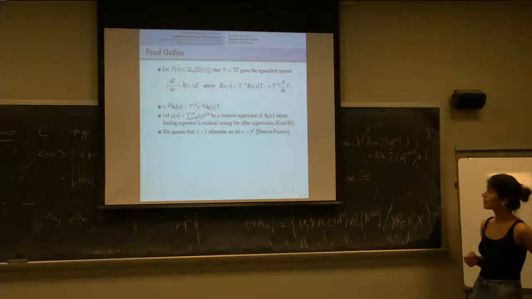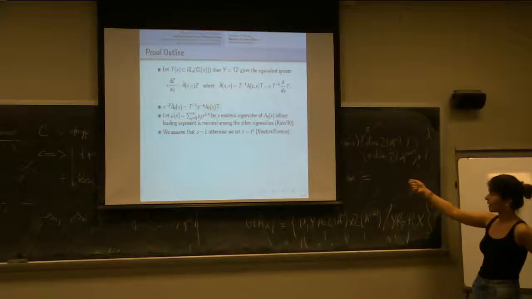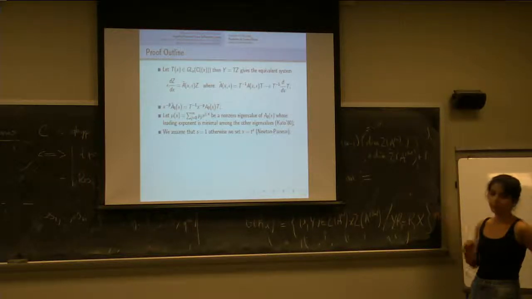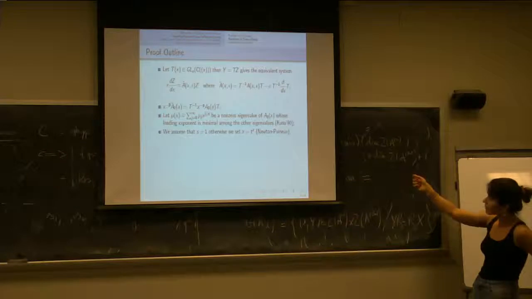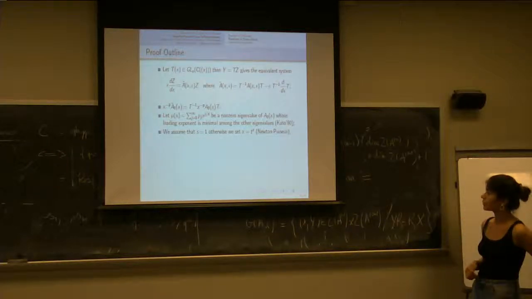So we take the minimal leading exponent, and we set x equal to t^s, where s is the denominator of the minimal leading exponent among all the other eigenvalues. So for now, we can assume that s equals 1, otherwise we can take this ramification.